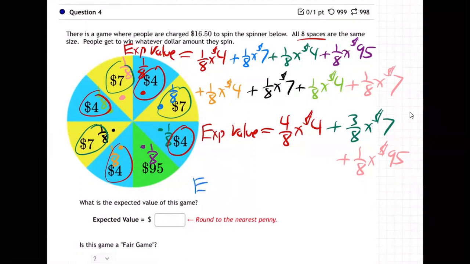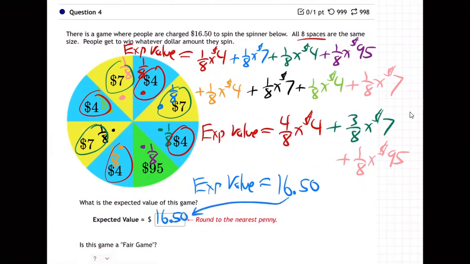So I'm getting an answer. Let's see. I'm getting $16.50.